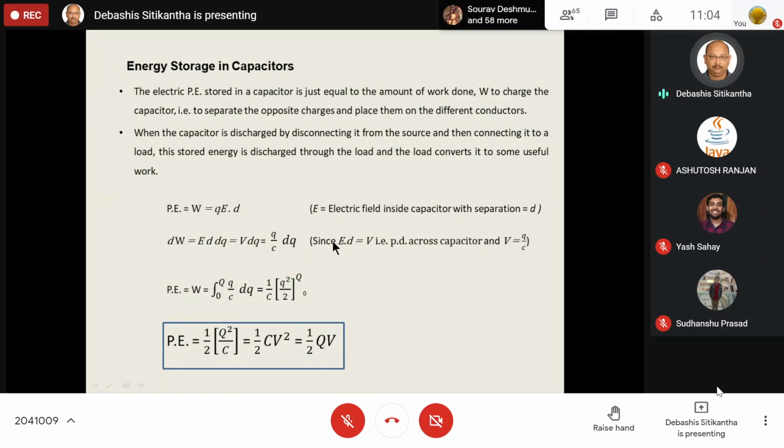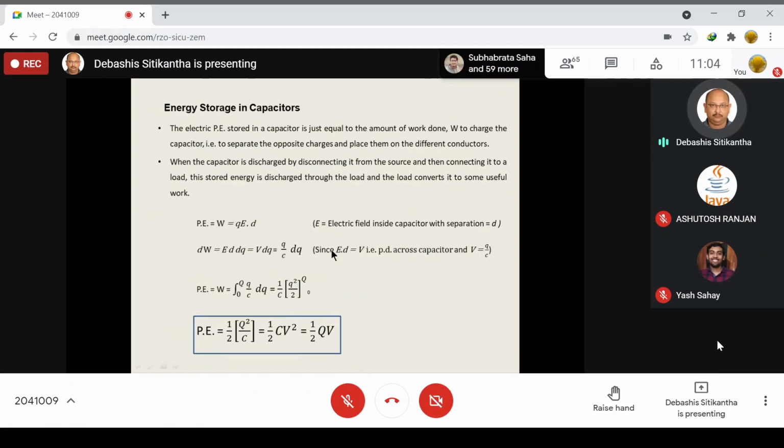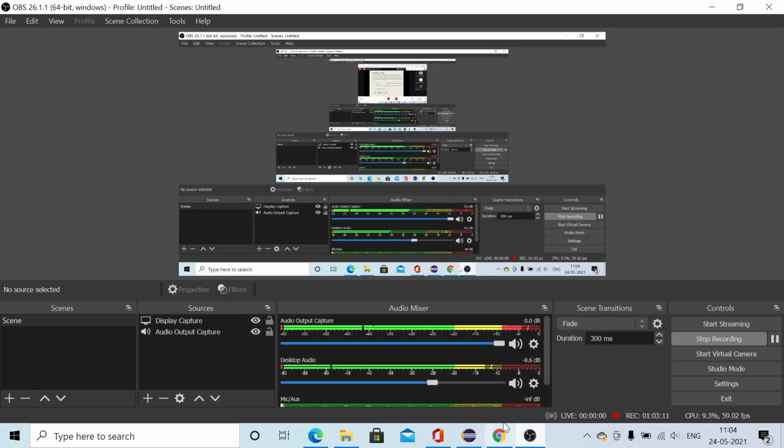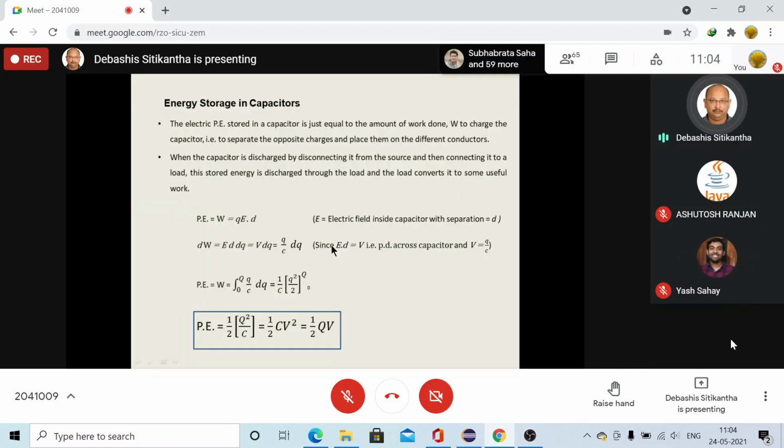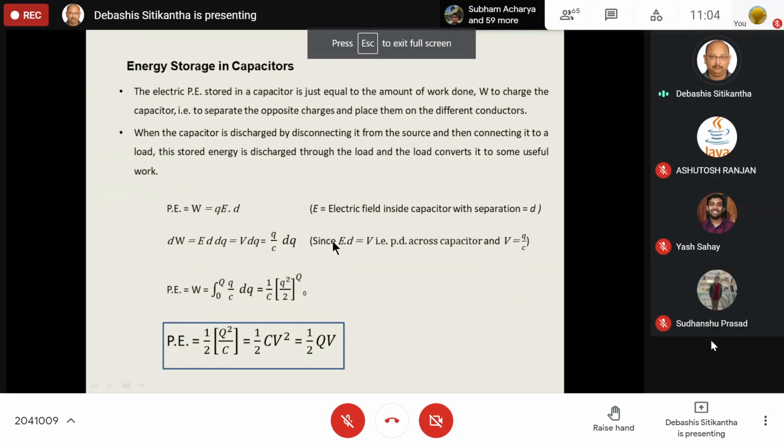Now, on the basis of their geometry, capacitors are classified into three types: the parallel plate capacitor, the cylindrical capacitor, and the spherical capacitor. As per your course, we have completed the parallel plate capacitor, and from there we derived the expression for its capacitance.